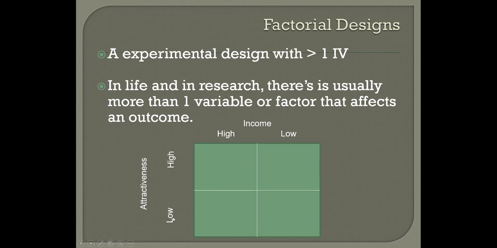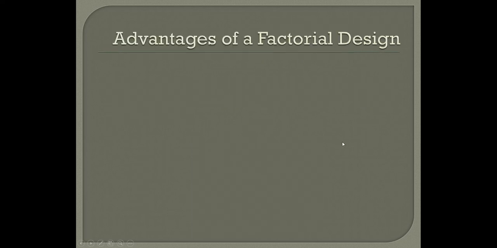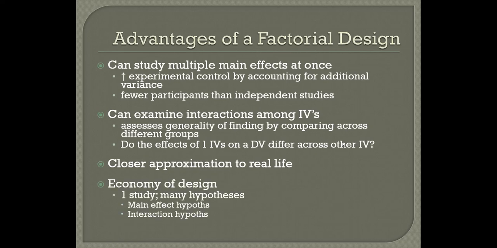Maybe for people who have low income, the effect of physical attractiveness is stronger than for people who have high income. Maybe physical attractiveness is less of a factor. It might still be a factor, but a weaker one. Hypothetically, that would be an interaction where the effect of attractiveness on likability depends on the level of income one has. Interactions can usually be closer approximations to real life.